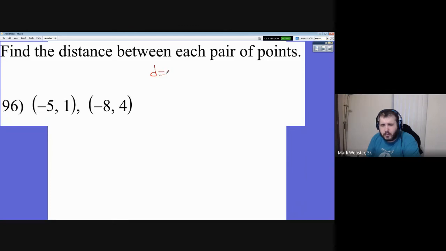I'm going to put this here, and it's kind of gross looking, kind of complicated looking, and I apologize in advance. That's just the formula that they give you. It's basically the difference between the x values squared plus the difference between the y values squared. I'm going to write it like this first, square rooted.